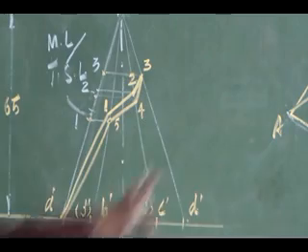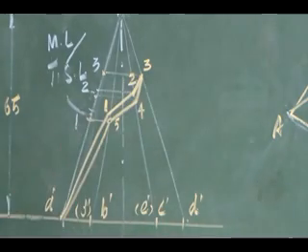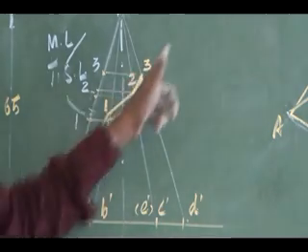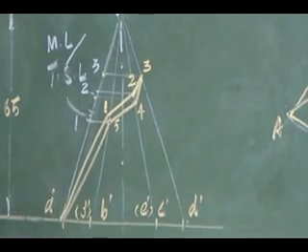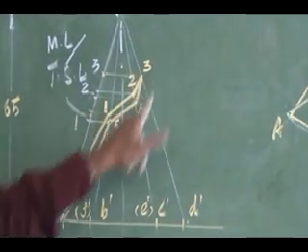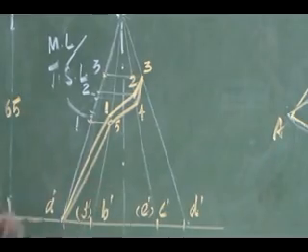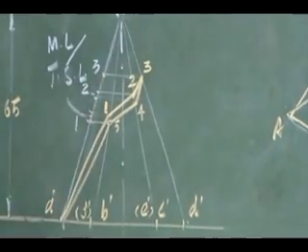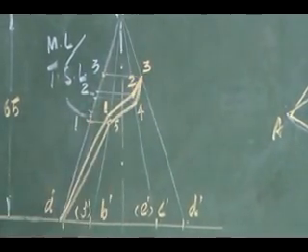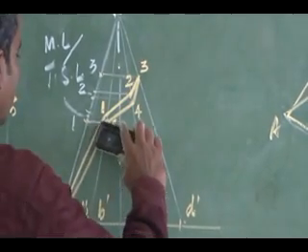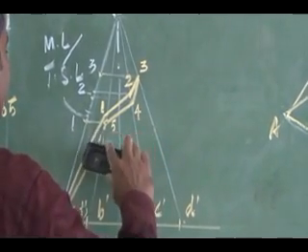Which portion of the thread is hidden in my front view? 3 to 4, 4 to 5, 5 to 6, 5 to 8. That portion of my thread will be hidden. Right? So that you have to show it as a hidden line.